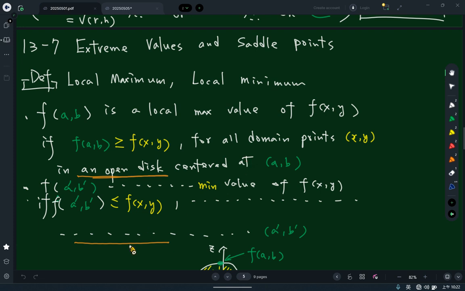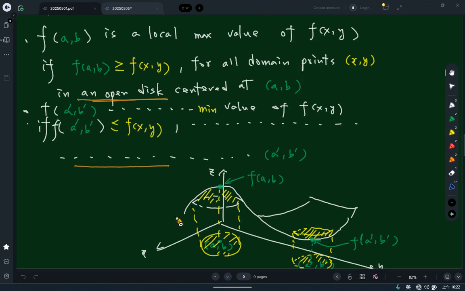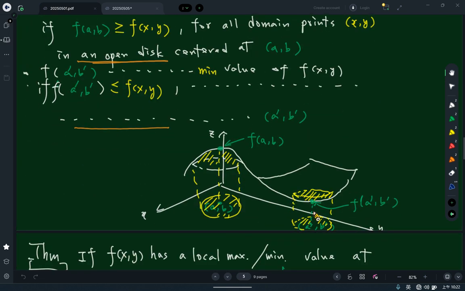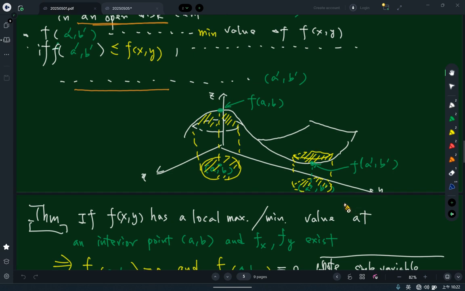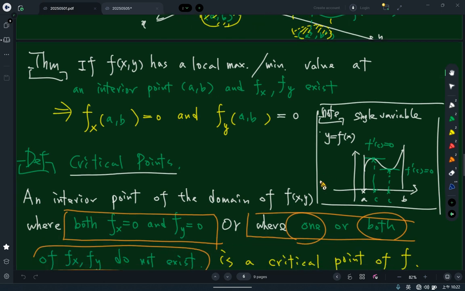Similarly for the local minima value, if f of a prime, b prime provides a local minima value, that means its neighboring points provide values larger than f of a prime, b prime. So this is for the maxima value, and this is for the minima value.